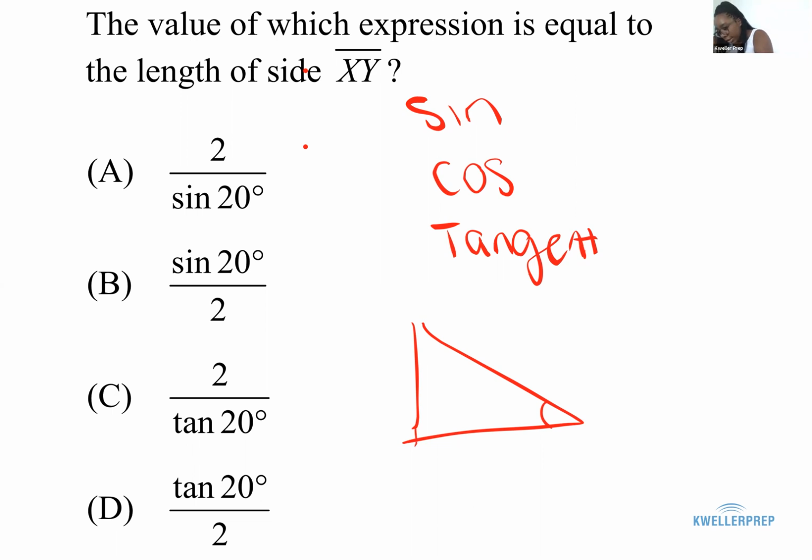The sine is the opposite over the hypotenuse. That's what you would use to calculate the sine. Usually, for most cases, you would have to memorize your trig values, which you'd learn as you get older.